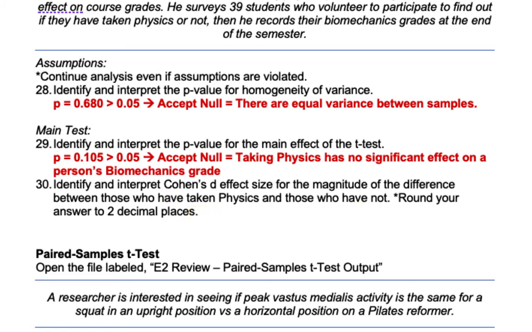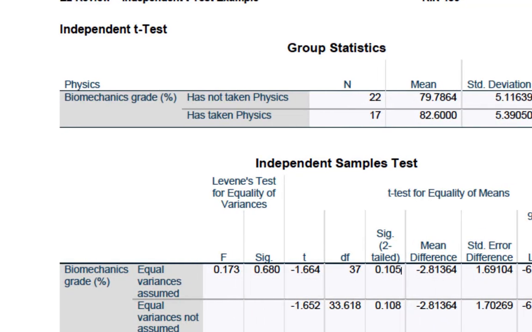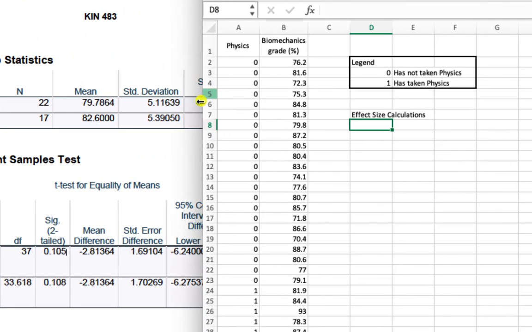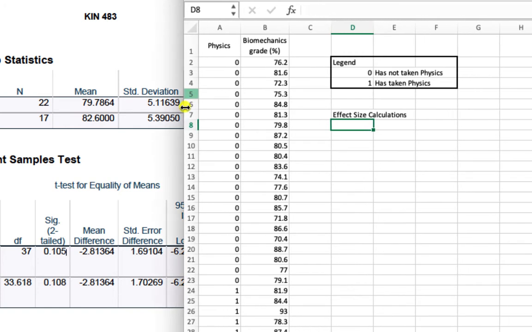So we're going to use our group statistics, and I'll open my data spreadsheet. In order to find Cohen's d effect size, we need to indicate what our descriptive statistics are, and then we have to calculate the pooled standard deviation and then incorporate that into the mean difference divided by the pooled standard deviation.